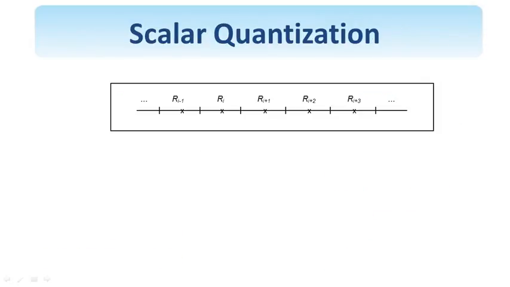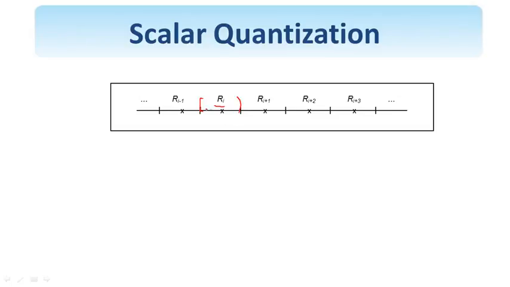Here is another view of the uniform quantizer. The quantization levels here are denoted by R of I, and the decision boundaries are shown here. They're typically closed on one side and open on the other.